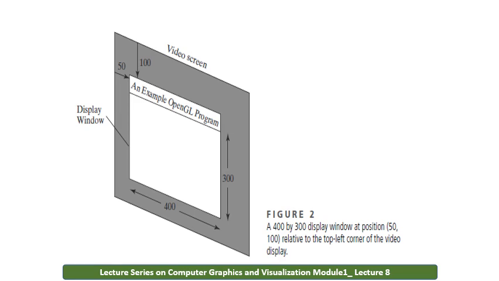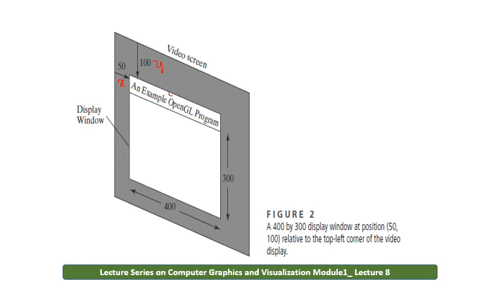This is a very good example to understand these coordinates. So 400 by 300 is a window at a particular position where it has been started. In the example, this is the x coordinate and this is the y coordinate. From the left it is 50, from the top it is 100, and this is the window size.